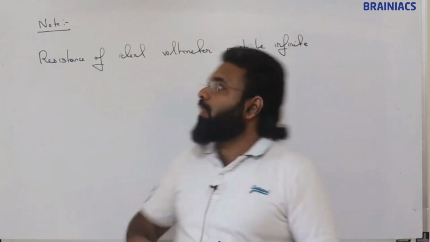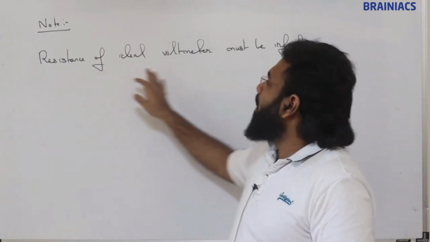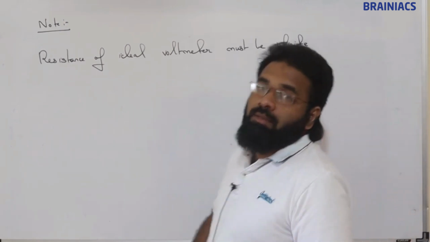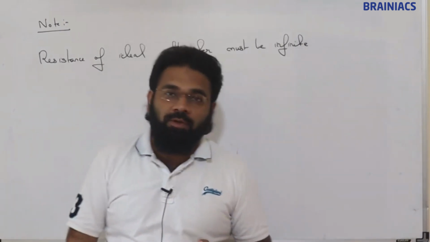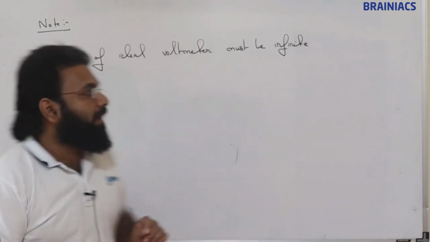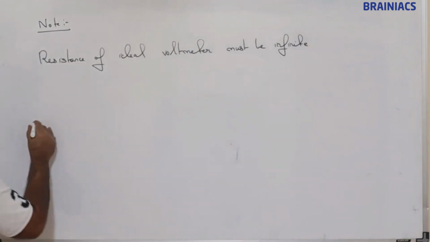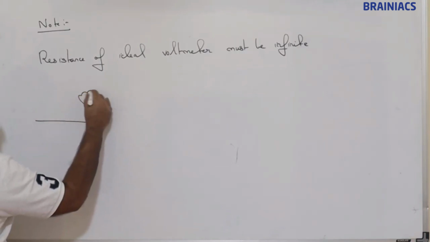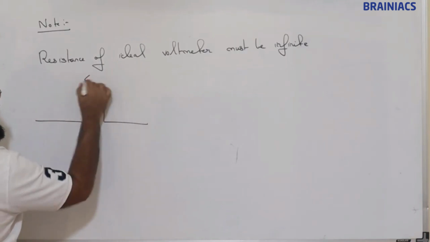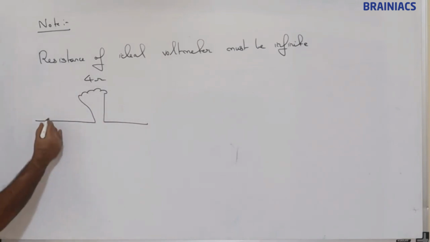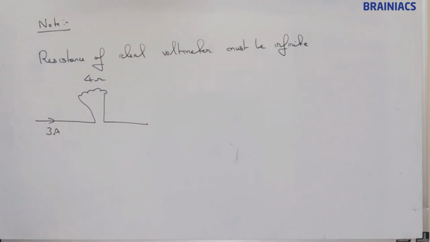See students, the resistance of an ideal voltmeter must be infinite. The resistance of an ideal voltmeter must be infinite. Why are we saying this? Suppose we have a bulb of 4 ohm, and the current passing through it is 3 ampere.